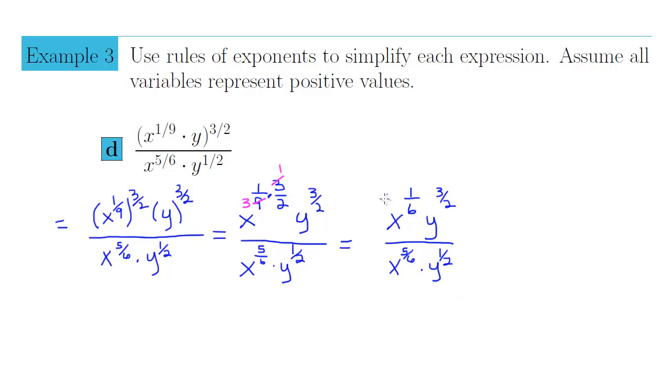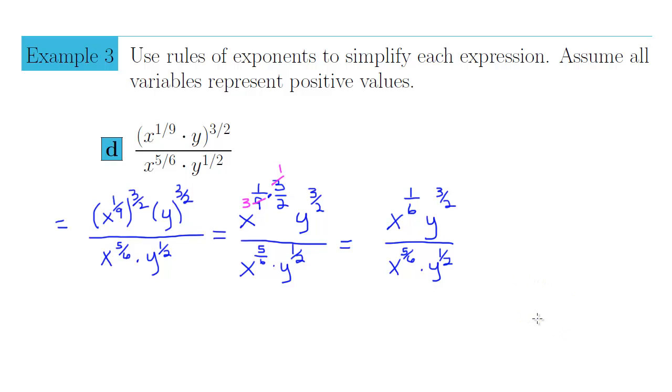Perfect. We are almost done simplifying this expression. Now the last thing is when you have like bases on top of each other, x to the 1/6 and x to the 5/6, these can be combined into a single base. Similarly, y to the 3/2 over y to the 1/2 can also be combined into a single base, y to some power.